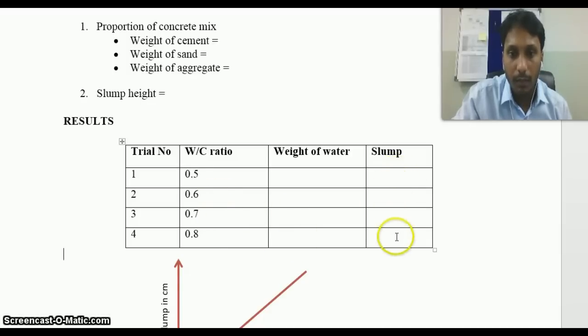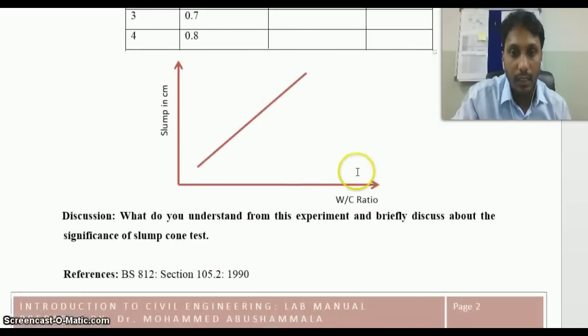Note down the slump heights you observed for different water cement ratio. Once you have added 0.5 water cement ratio, then add 0.1 because already 0.5 is there. If you add 0.1, it becomes 0.6. That's where you have to fill this results table.